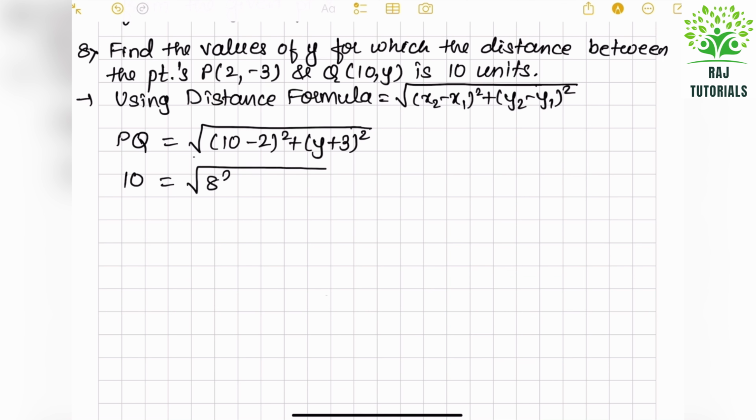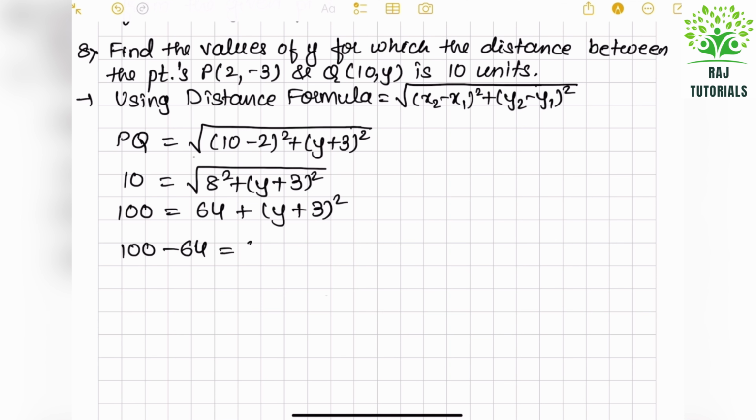So PQ is given as 10 equal to root of 8 square plus (y plus 3) whole square. So squaring both sides, I will have 100 equal to 64 plus (y plus 3) whole square. So 100 minus 64 will be equal to (y plus 3) whole square. So 36 equal to (y plus 3) whole square.